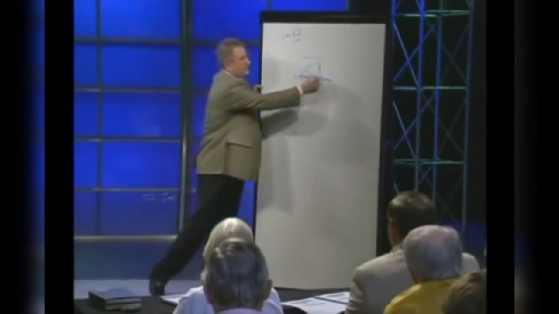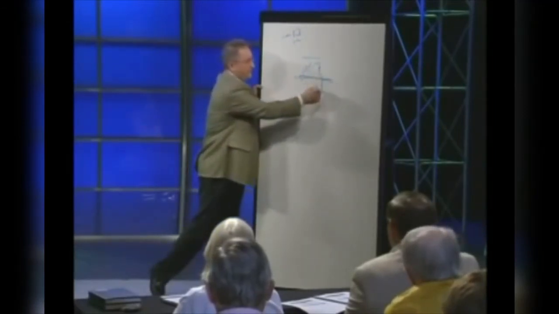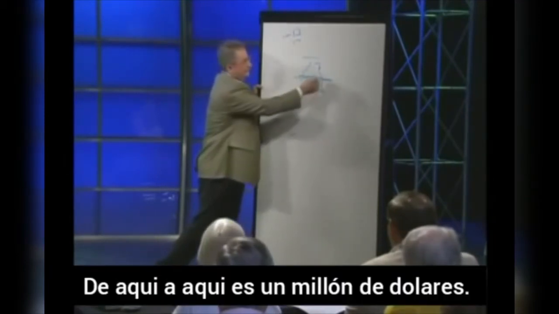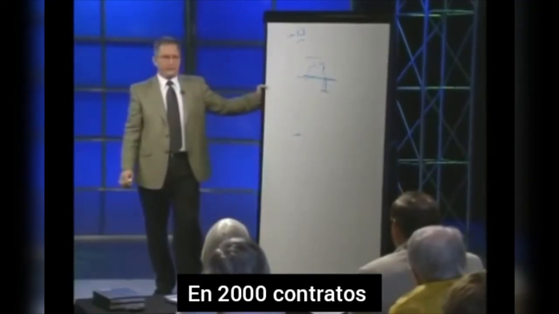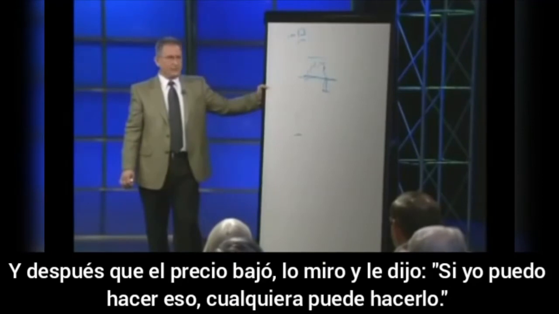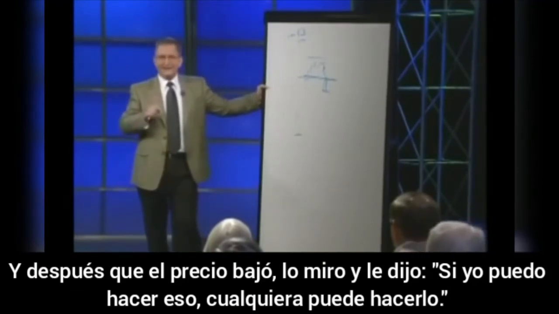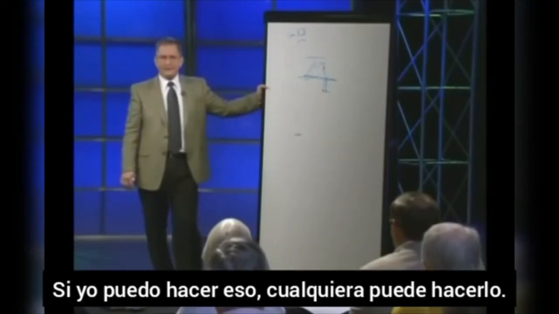Of course, if he'd have sold all of them at this price and bought them all back at this price, but there was an average price down. But from here to here is $1 million on 2,000 contracts. And then after the price dropped, he looked at him and said, hey, if I can do that, anybody can do that. If I can do that, anybody can do it.